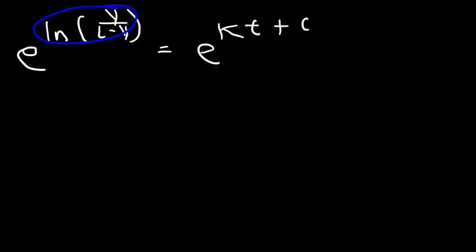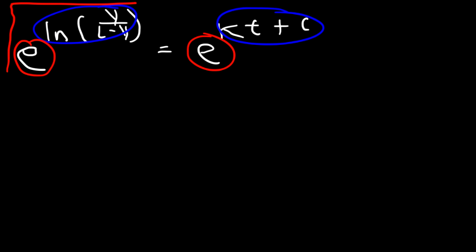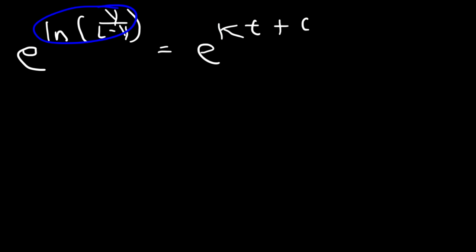Since this is equal to that, and since e is equal to e, then everything on the left side, e raised to the ln y over L minus y, must be equal to e raised to the kt plus c. Now e to the ln, those two functions are inverses of each other. They will cancel. And so you're going to get y divided by L minus y on the left side.